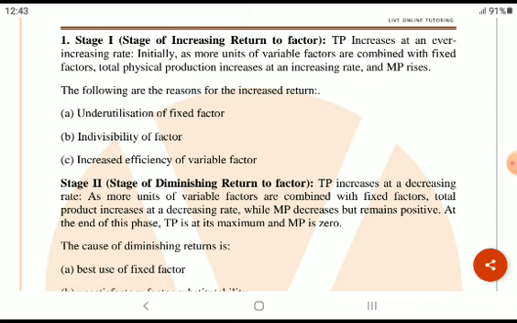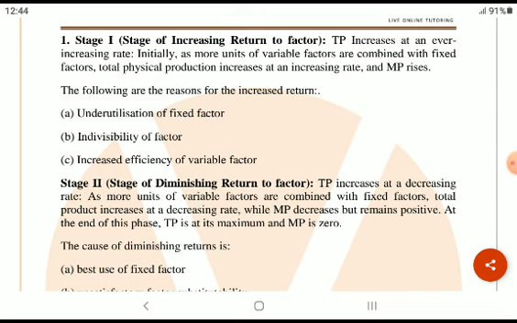Next is stage 2, stage of diminishing return to factor, that is TP increases at a decreasing rate as more units of variable factor are combined with fixed factor. Total product increases at a decreasing rate while MP decreases but remains positive.